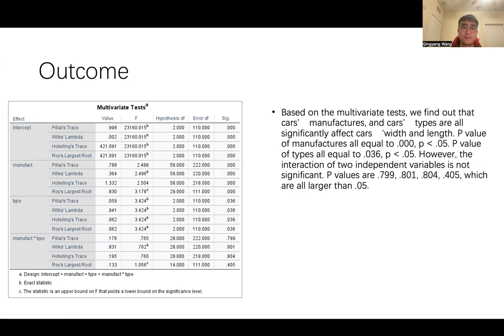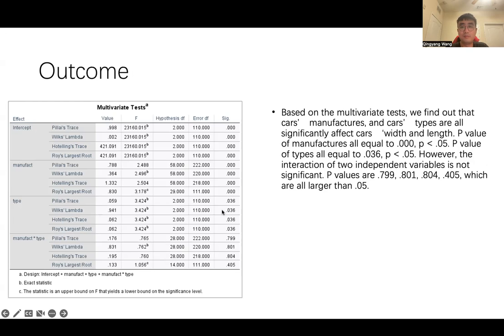It means that it is very significant. And the p-values of the types are all equal to 0.036. Although it is not as small as the manufacturers', it's still less than 0.05, which means that yes, it's still statistically significant for the dependent variables.